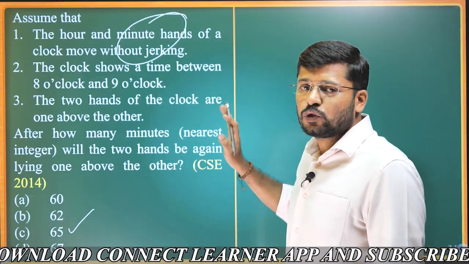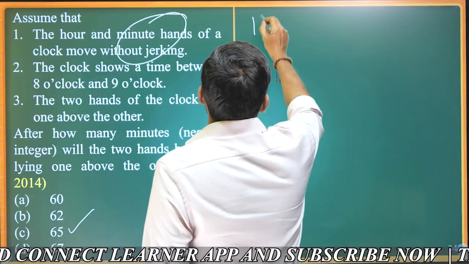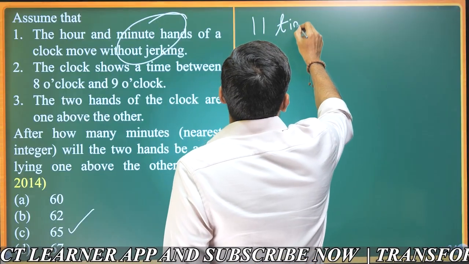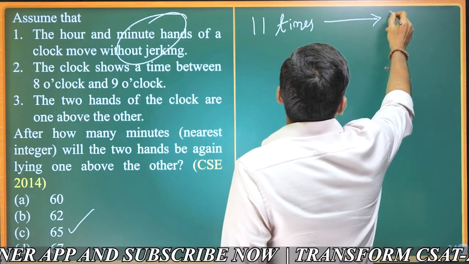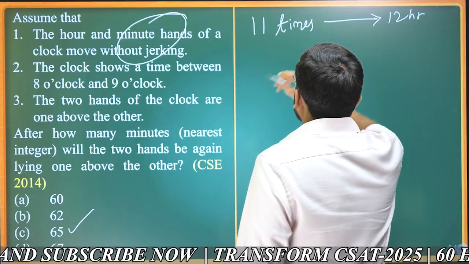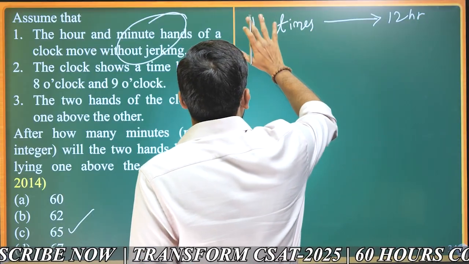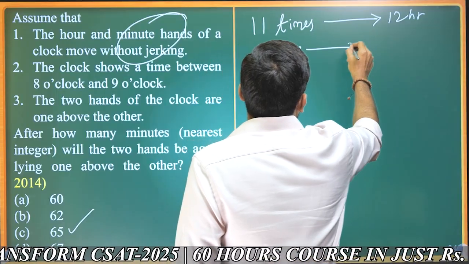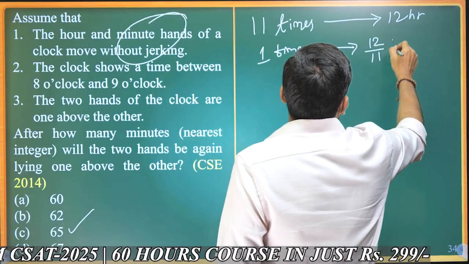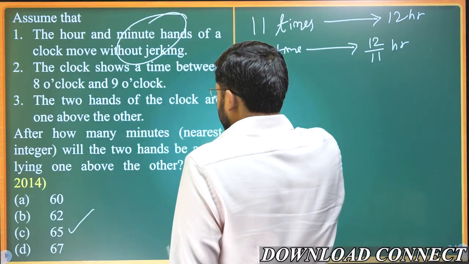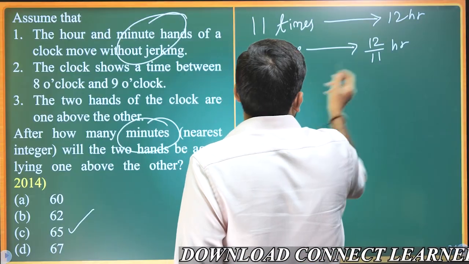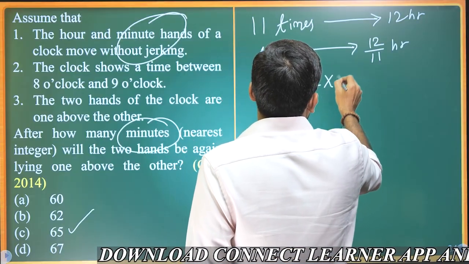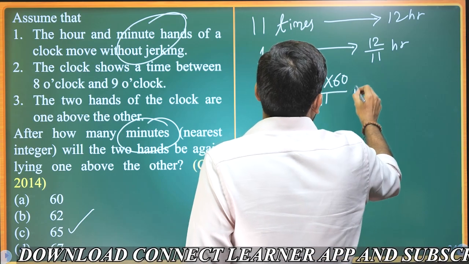So how many times do they coincide in 12 hours? They coincide 11 times in 12 hours, right? They coincide 11 times in 12 hours because of the general rule and the exception. For one time for them to coincide, they will take how much time? They will take 12 by 11 hours. Now, we want the answer in minutes, right? So we will convert this into minutes. 12 into 60 divided by 11 minutes.